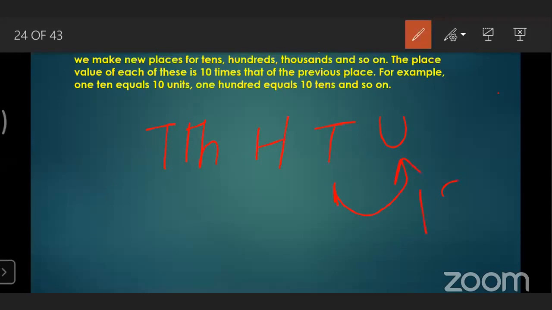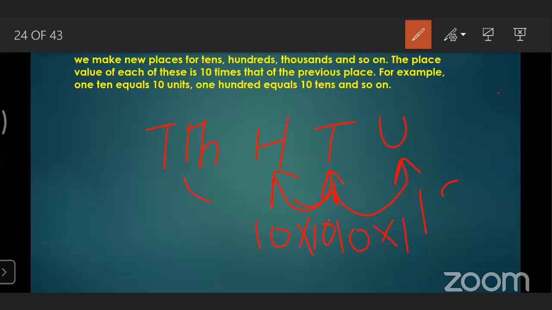So the value of 10 is 10 times of unit. Similarly, the value of 100 is 10 times of 10. So 10 multiplied by 10 is equal to 100.